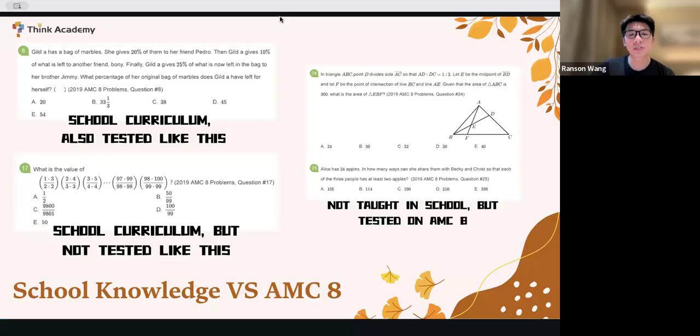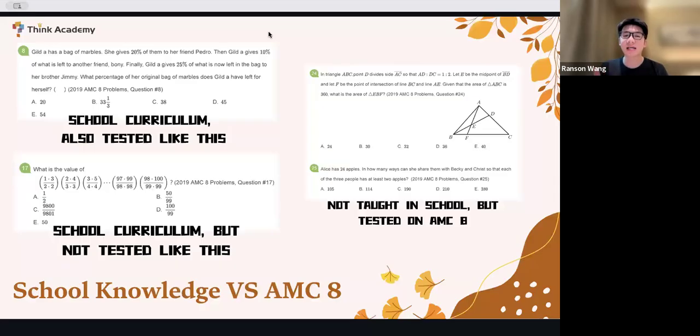If you want to take the MCA in grade 4, for example, you also have to study ahead. Otherwise you cannot even solve the first 10 questions in the MCA. Some of the knowledge points or questions come from the school curriculum, but they are not tested in school.